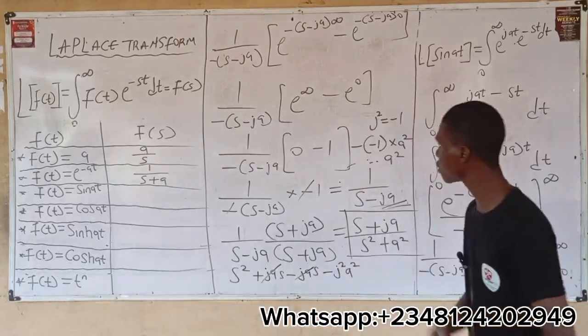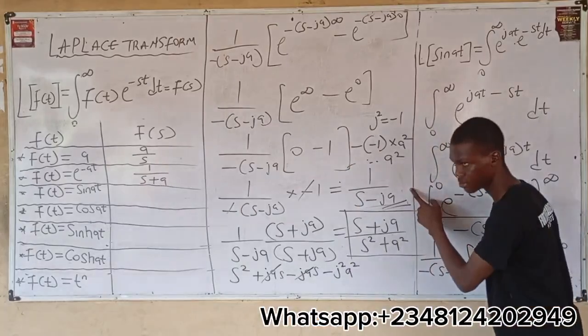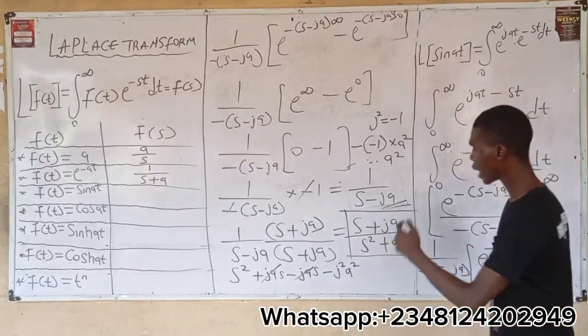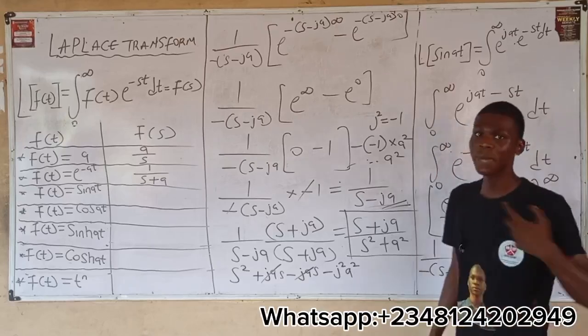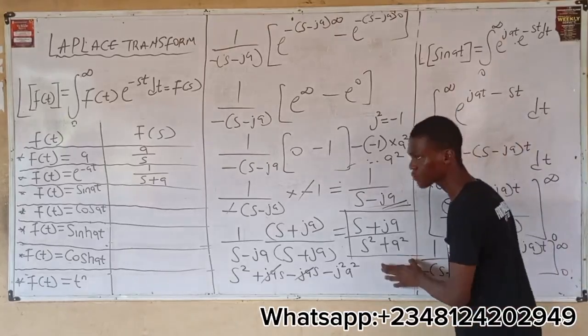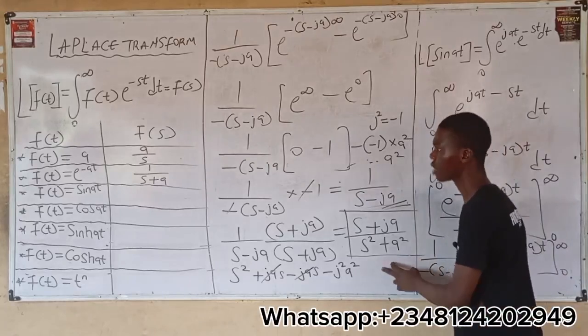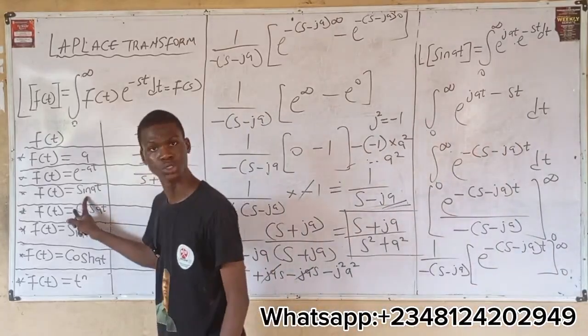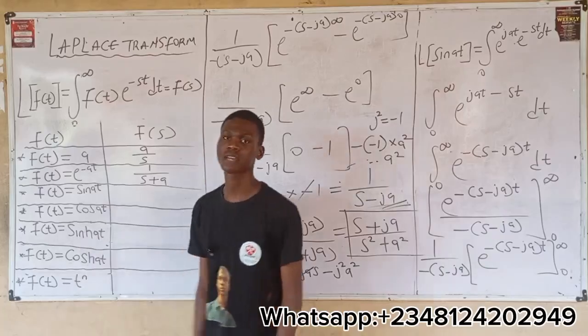Initially, when we started solving, my first answer, I got this, right? Then performing the conjugate, I got this. Does that mean that this becomes the Laplace transform of sine 80? No, that's not the Laplace transform.